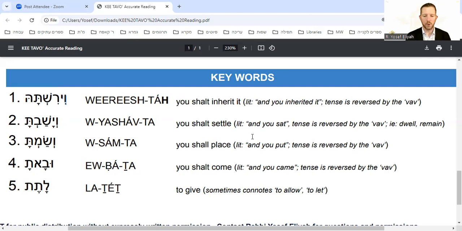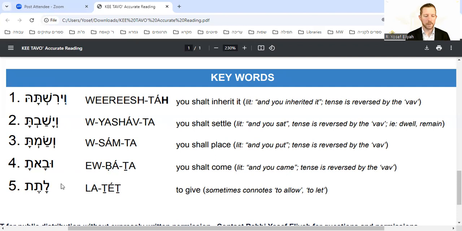Literally, it means and you put. The reversing vav flips the tense from you put to you shall place. Number 4, uvata, or in modern Hebrew, uvata, means you shall come. Literally it means and you came, past tense. But again, the reversing vav flips the tense to future tense.